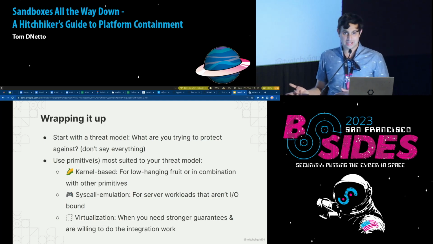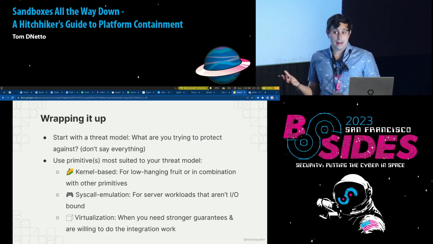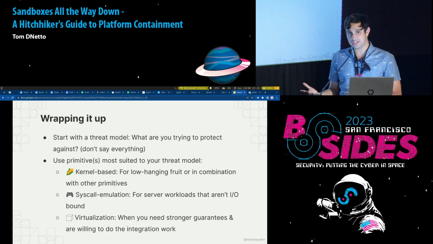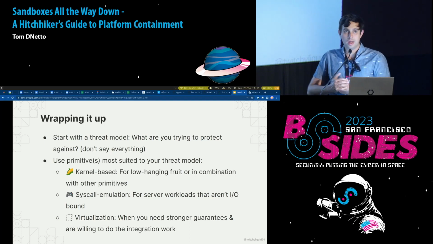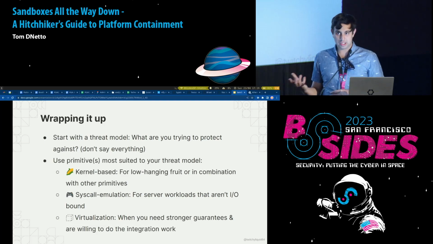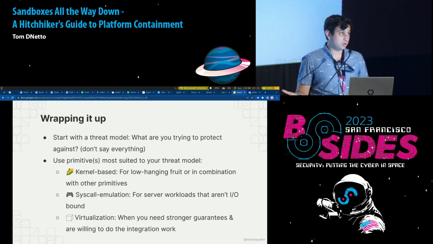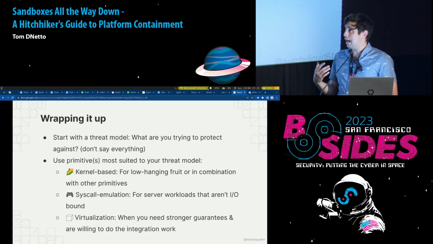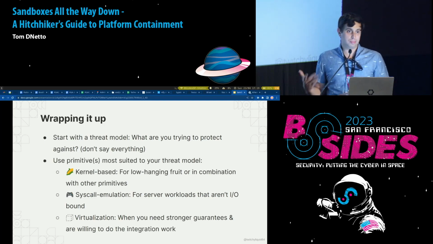And then virtualization-based sandboxing. Perhaps the strongest of the security boundaries, but also quite challenging to set up in terms of integration. Regardless of what you choose and regardless of how you choose to set up your sandboxing, always start with a threat model. You want to understand what you're defending against and also what you're not defending against. And then from there, you have a good idea of what to deploy and where.